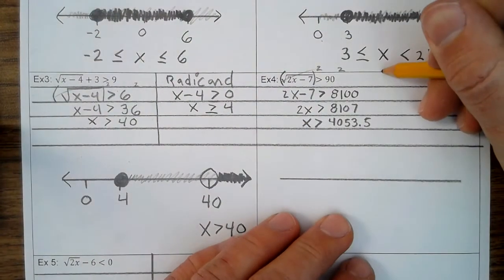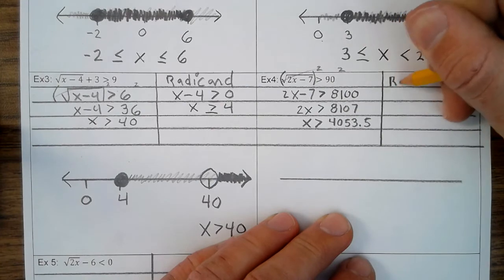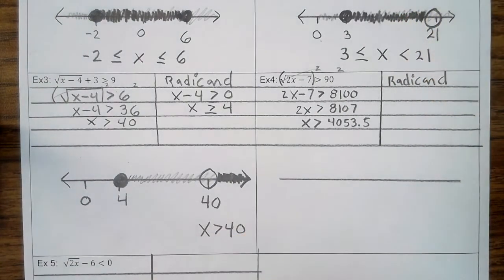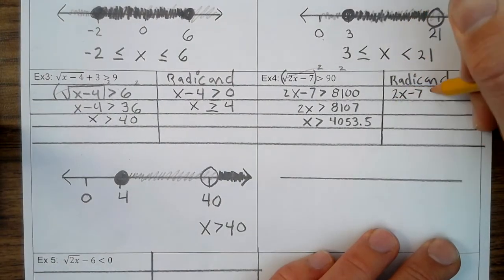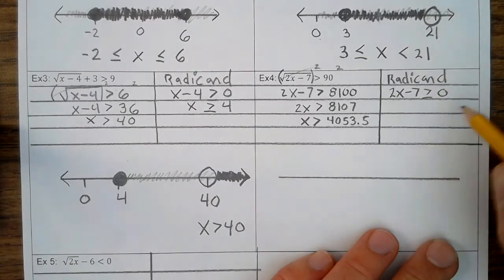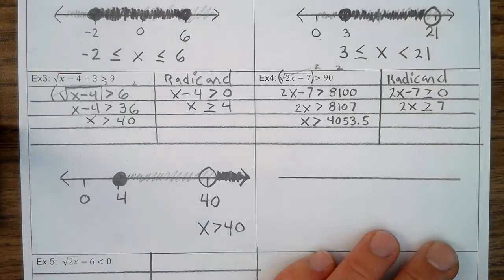All right, and then forget about the radicand. Okay, so you set 2x minus 7 greater than or equal to 0. So then you add 7 to both sides, you get 2x greater than or equal to 7.